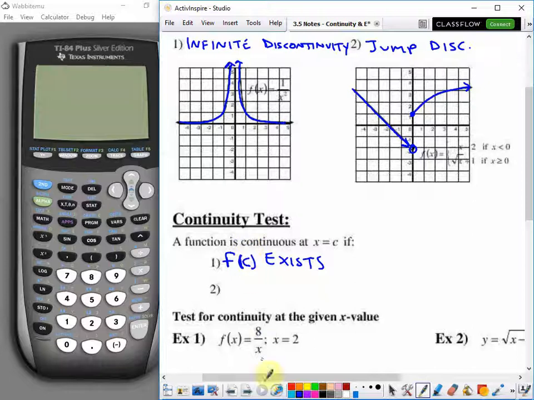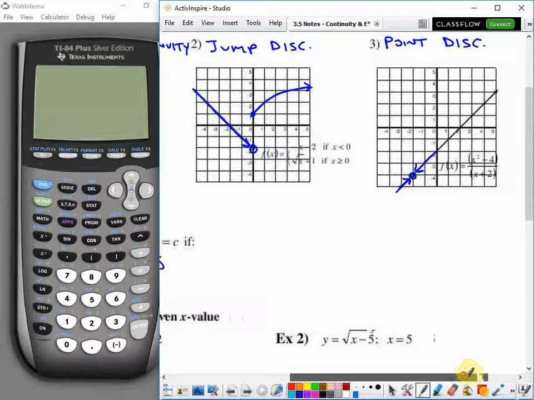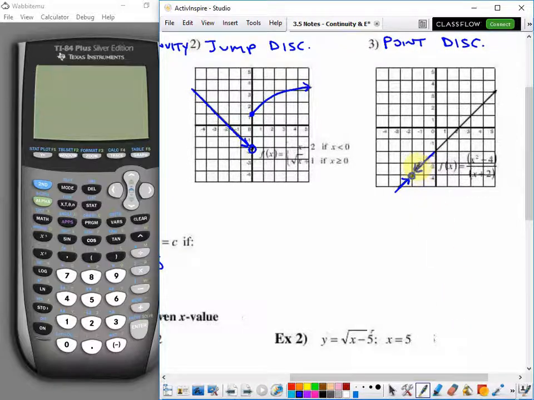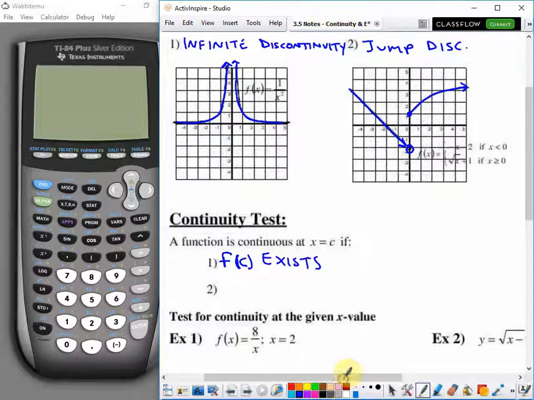It fails that test. In our second graph, f of 0 does exist, so it actually passes the first test. In our third graph, f of -2 does not exist, so it's discontinuous there. Fails the first test.